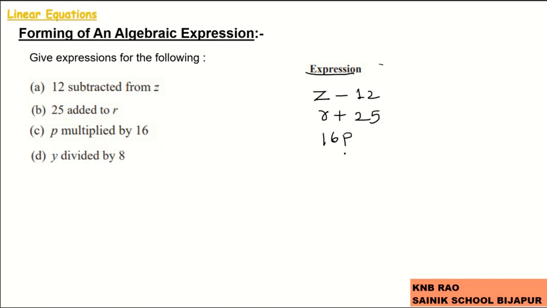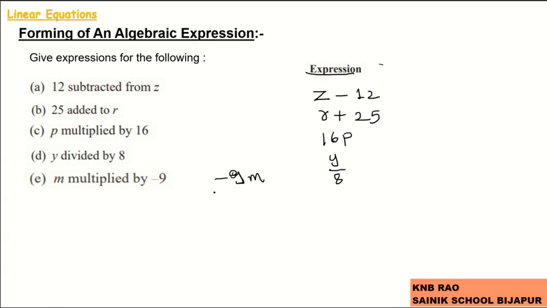Next, y divided by 8 can be shown as y upon 8. Next one, m multiplied by minus 9 can be written as minus 9 times m.